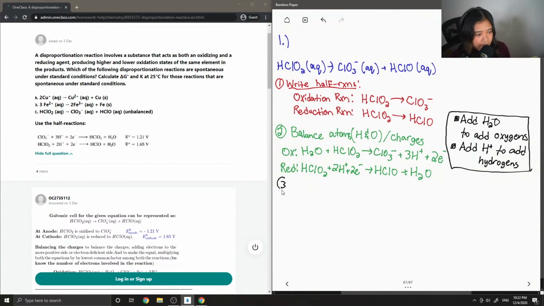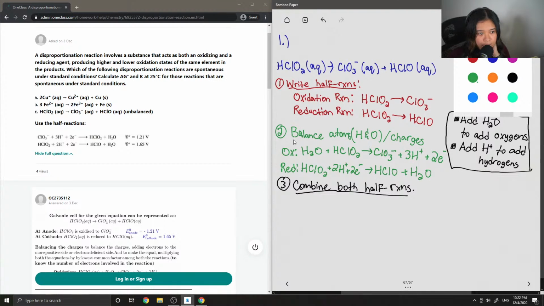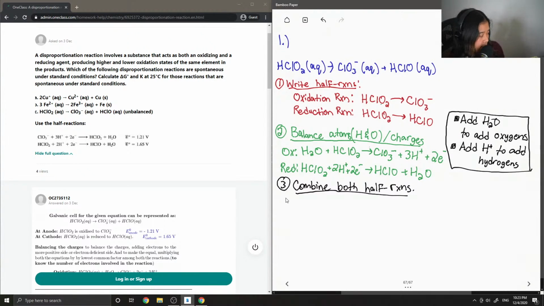So the third step is just to combine both of the half reactions. When we combine the half reactions, we want to then also cancel out anything that is the same on both sides. So I'm just going to combine them.